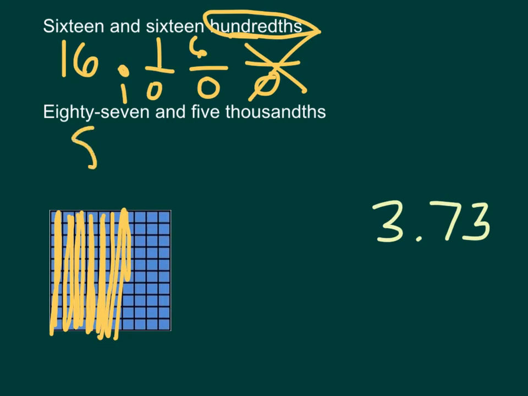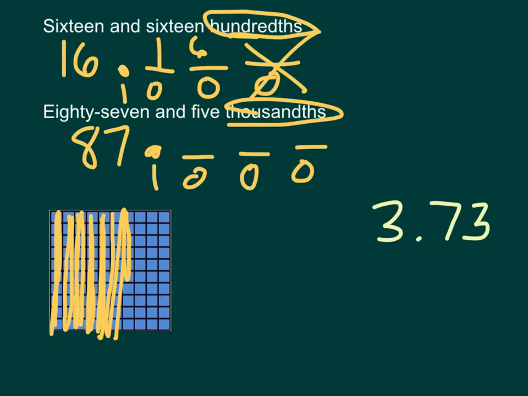So if I've got 87 and, that's my decimal point, I give myself some place value lines, and my 1000 underneath. So I want to end in the thousandths, so I'm good there. Now, 5 thousandths. Well, if I put it there, I would have to put a 0 and a 0, so that would give me 500.